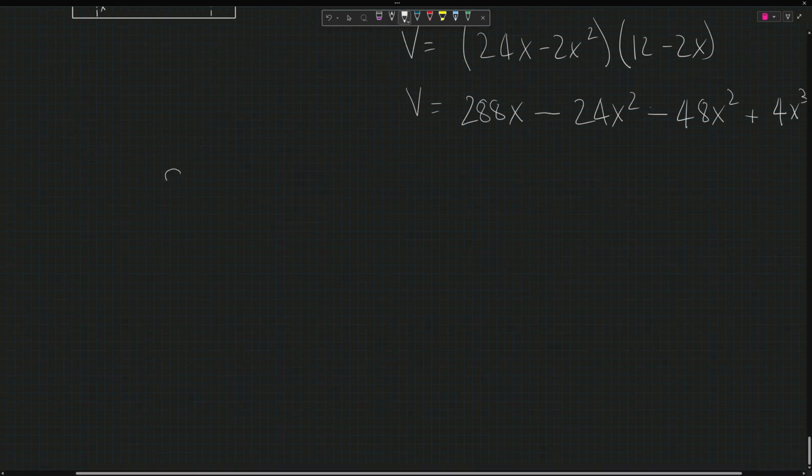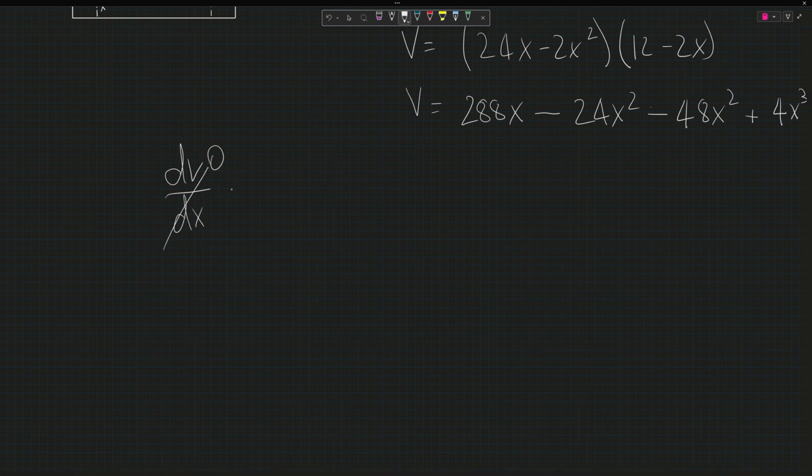And finally, we're going to take the derivative, right? dV over dx, and that's going to be equal to 0. So our derivative is going to be 288 minus, if we combine like terms, 144x plus 3 times 4, that's 12x to the second.